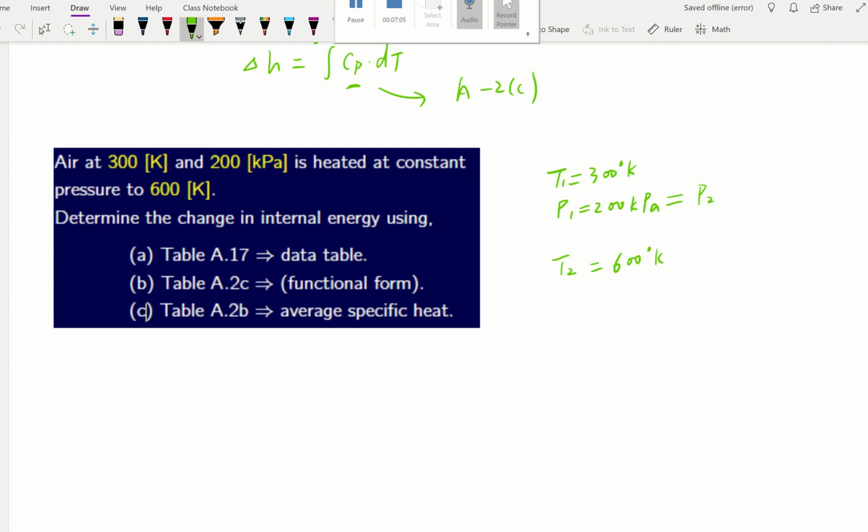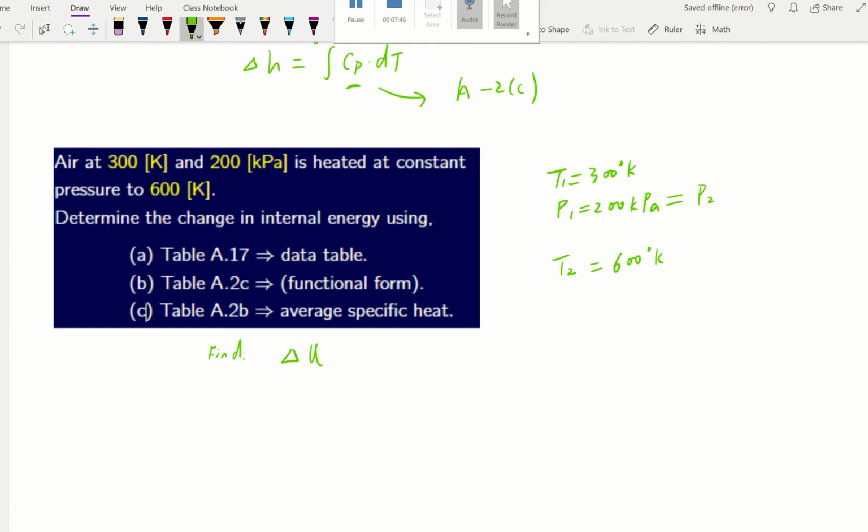Then they want to find the change in internal energy, so basically our delta U. It's an ideal gas, and it's asking us to find the internal energy change. For engineering problems, a very important thing is problem recognition. So this is a problem of internal energy change for an ideal gas, exactly this topic.